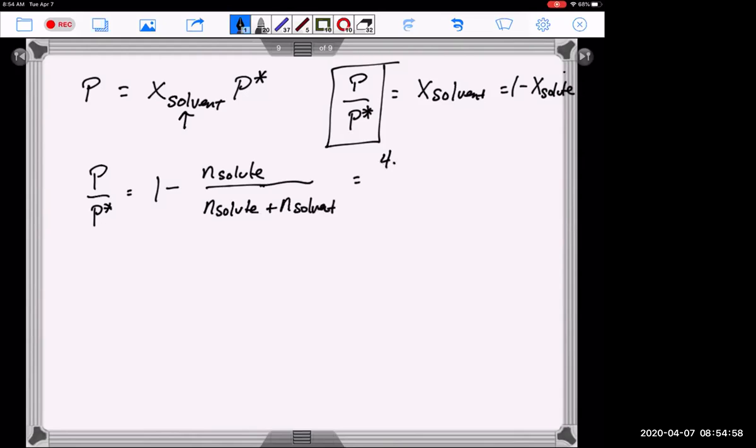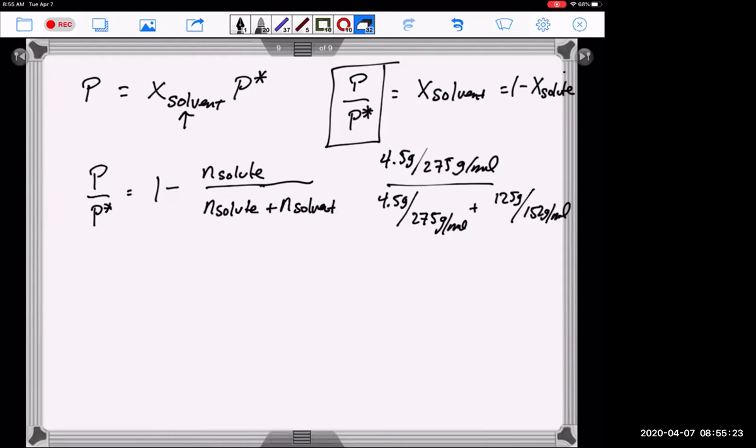so this is 4.5 grams over 275 grams per mole, over 4.5 grams over 275 grams per mole plus 125 grams over 152 grams per mole. Right, and with the 1 minus, right?